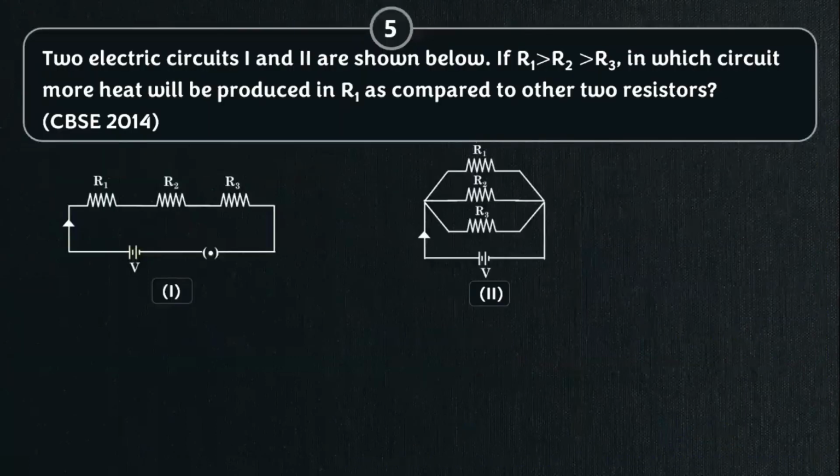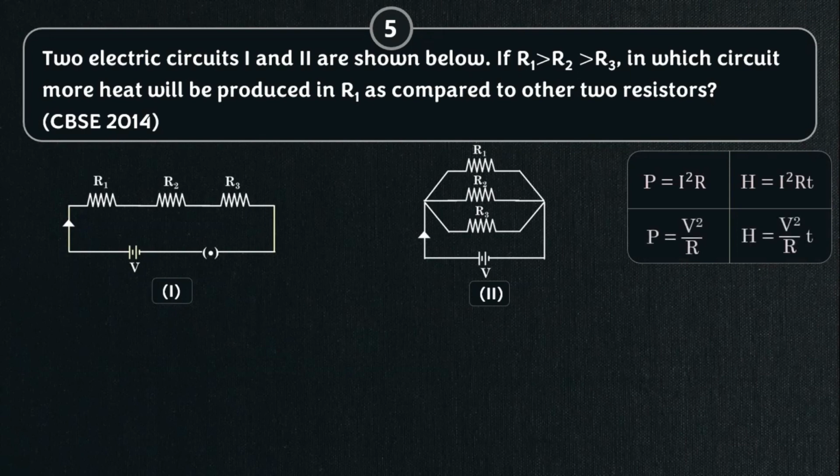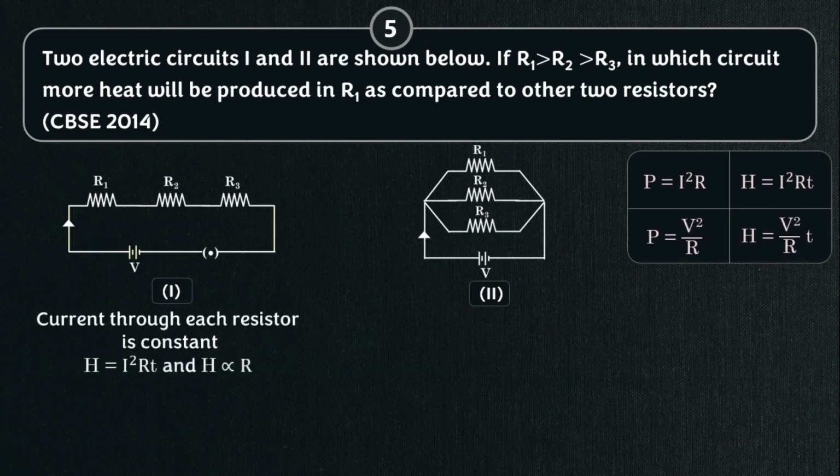So, let's solve this question. We know the formula of power. Heat is equal to power into time. In the circuit 1, current through each resistor is constant. So, let's use H is equal to I square RT. As I is constant, heat is directly proportional to resistance.